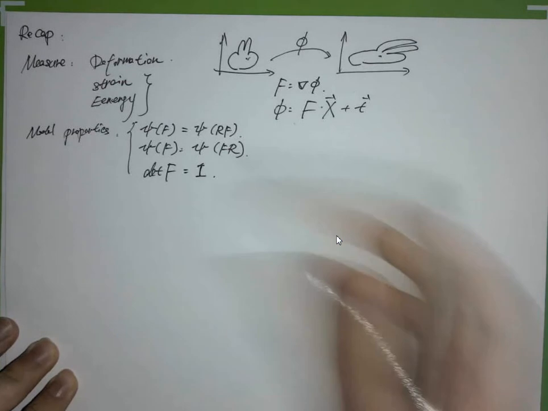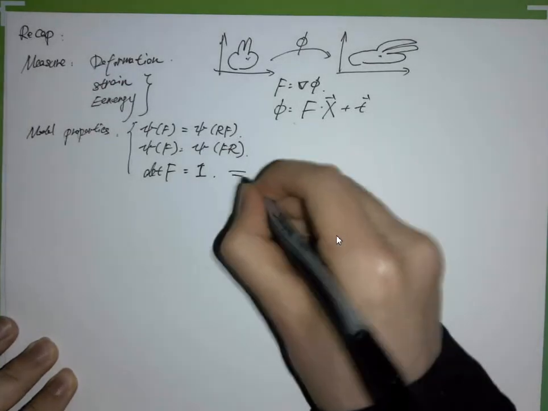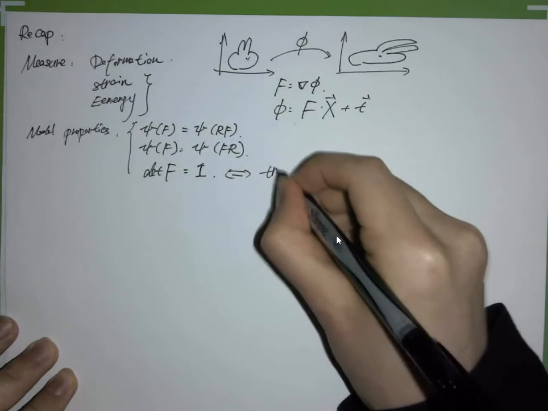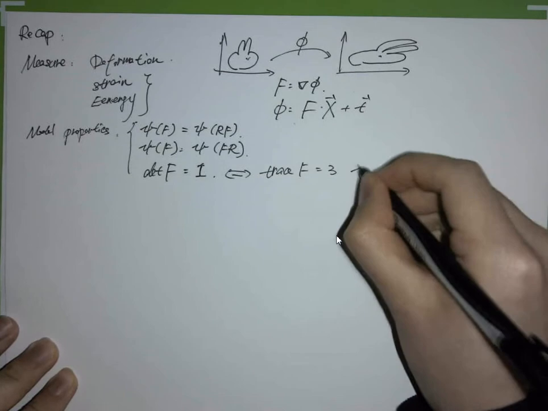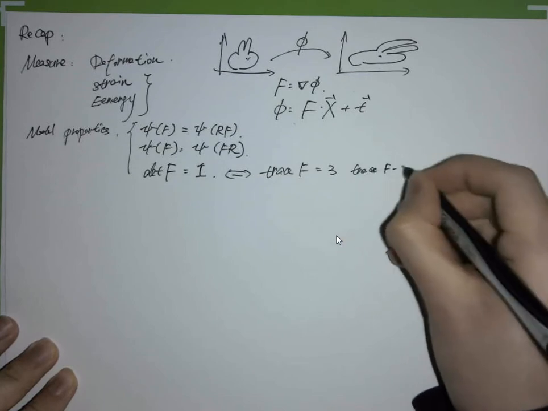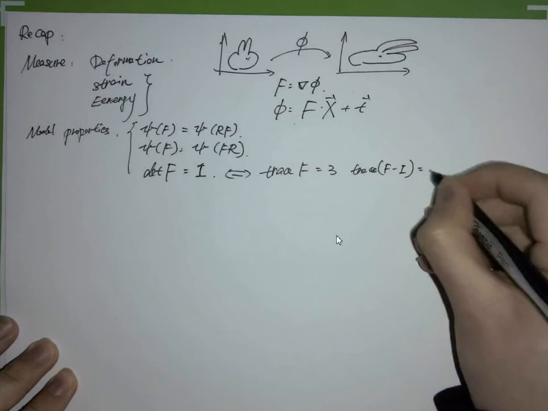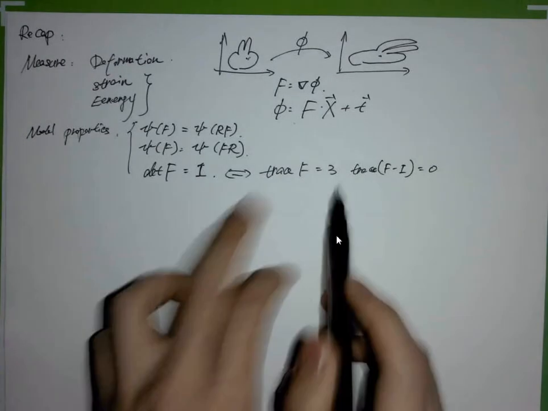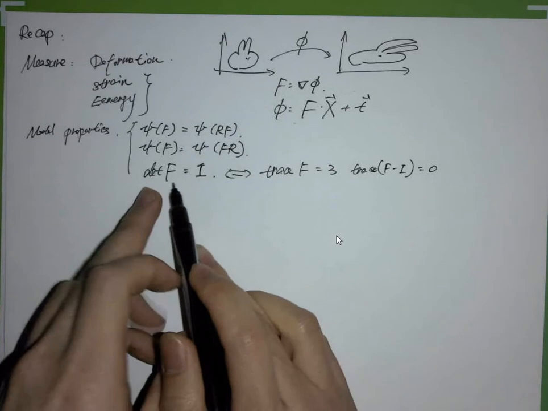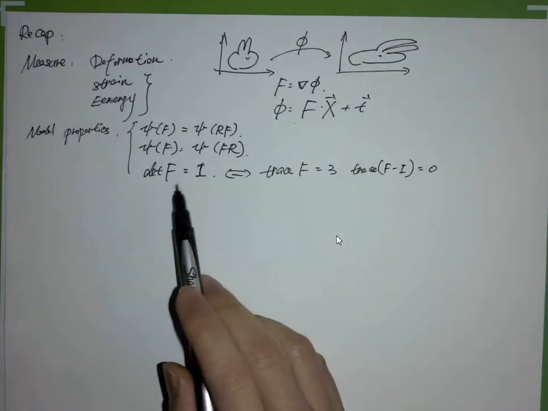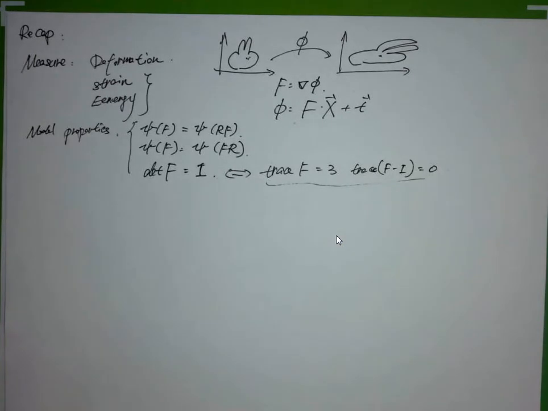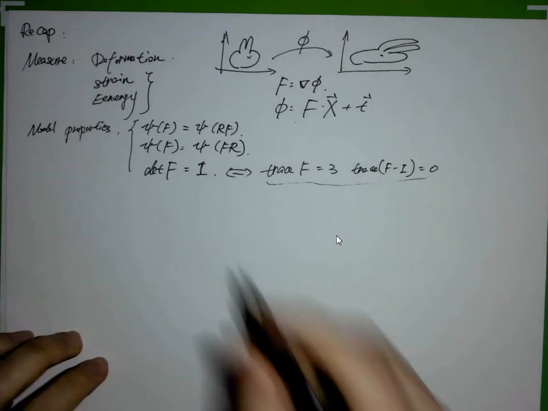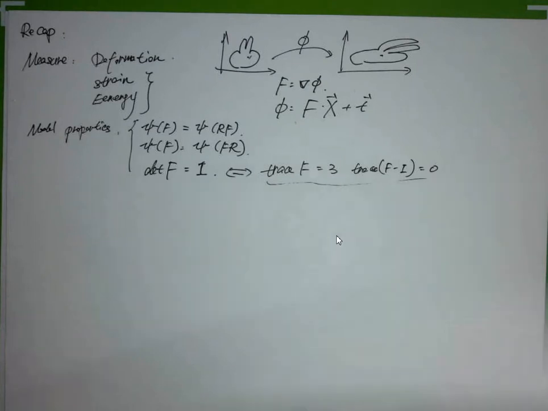So we linearize it locally to make it something like trace of F equals 3, or trace of (F minus identity) equals 0. This is basically the linearization of determinant F near determinant F equals 1. So we have this constraint, and we add it into our energy to get a full model. All right. So we have a summary of different models.